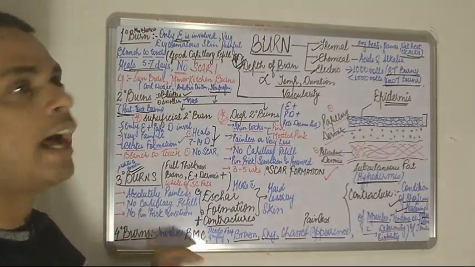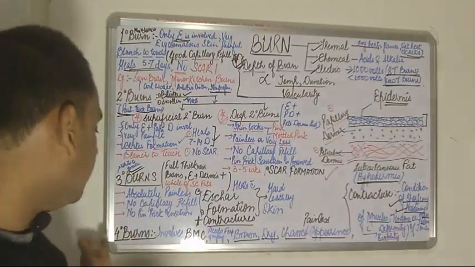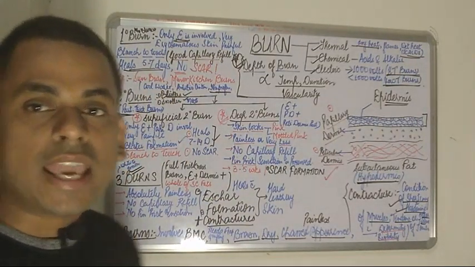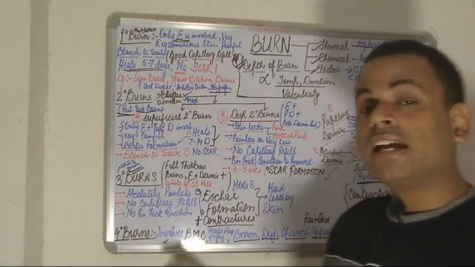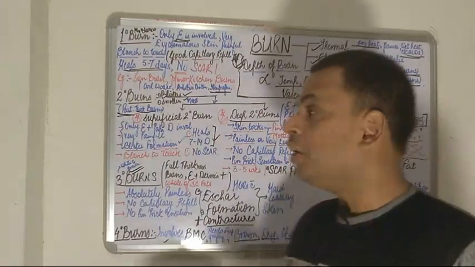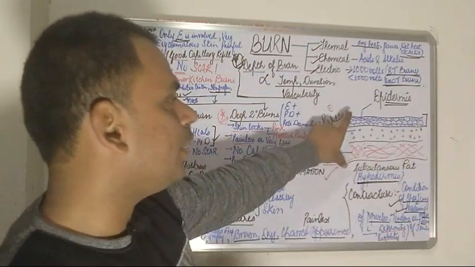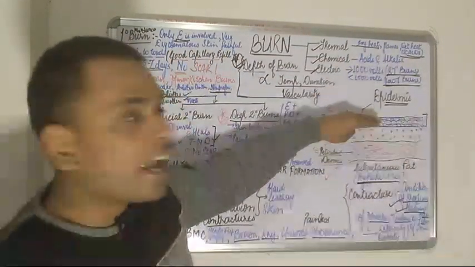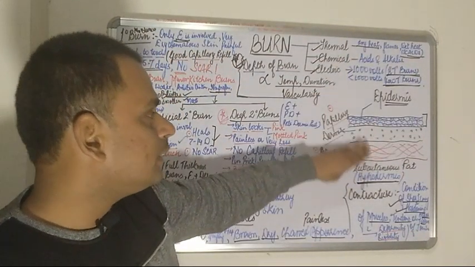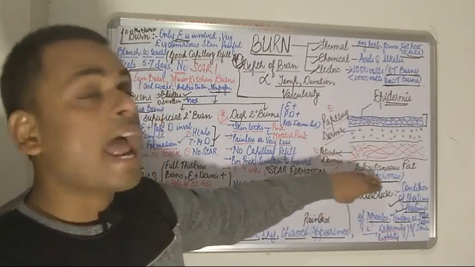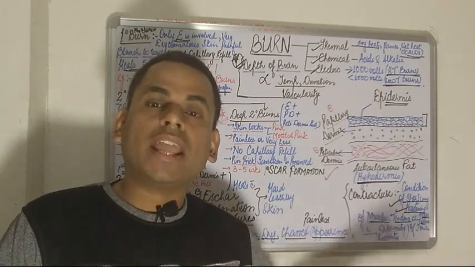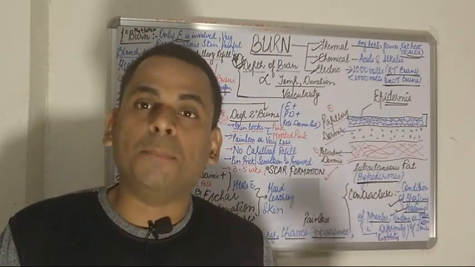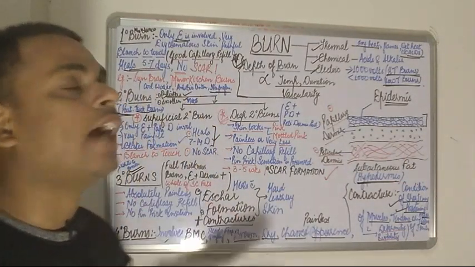Moving on to the last but not the least, that is the 4-degree burns. In cases of 4-degree burns, not only the entire epidermis, the dermis, that is the papillary and the reticular dermis, and the entire hypodermis, along with it, the burn injury extends to the bones, muscles, and the cartilage.